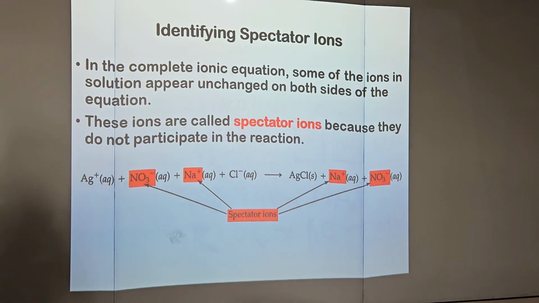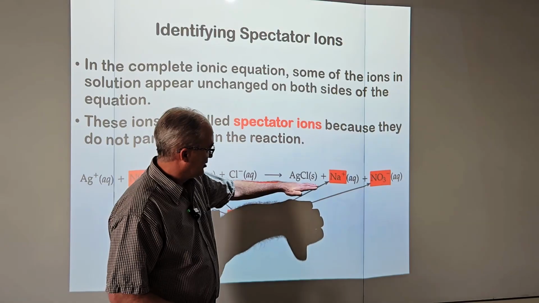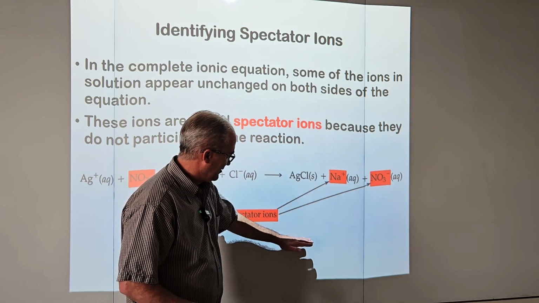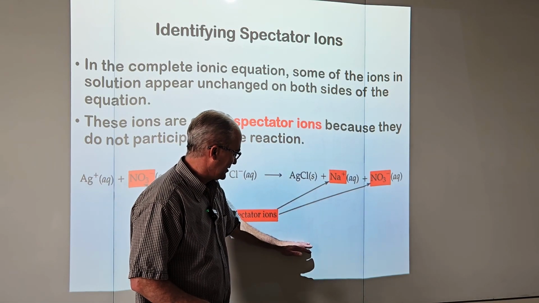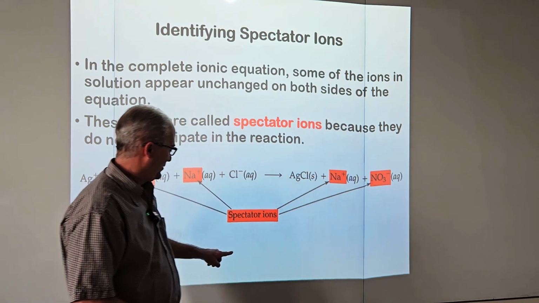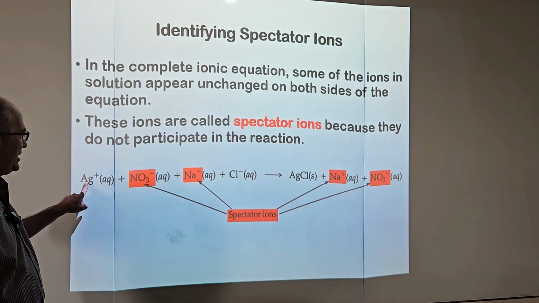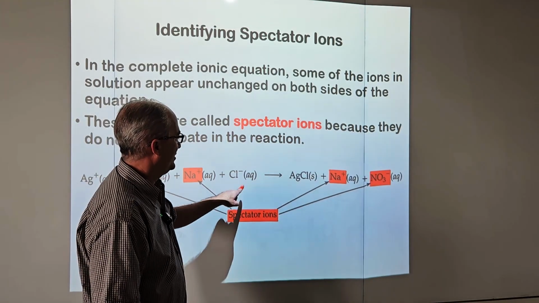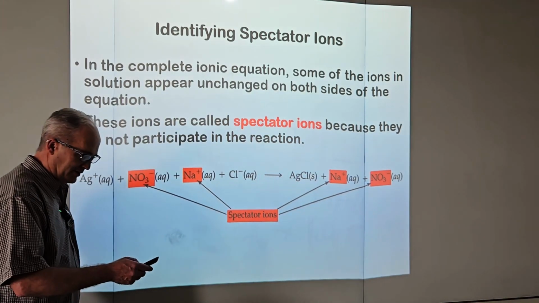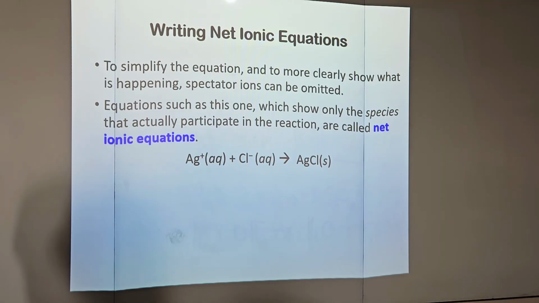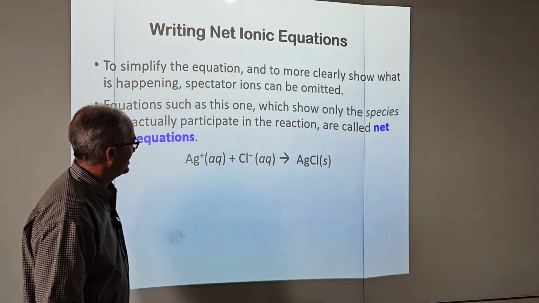Now, what do you think the net ionic equation is? So here's the driving force. If I take AgCl solid and then an arrow and do it in reverse, I'm probably going to have Ag+ plus Cl- goes to silver chloride. All right, to simplify the equation and to more clearly show what is happening, chemists like to omit spectator ions.